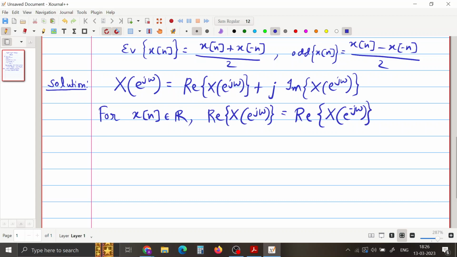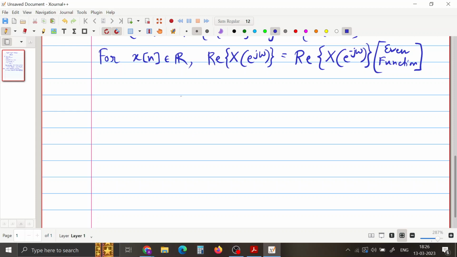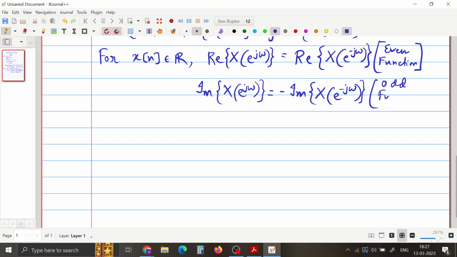Okay, this is an even function, and the imaginary part of the Fourier transform is an odd function, so we'll just have a minus sign, right? This is an odd function.